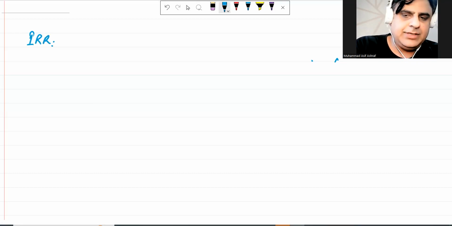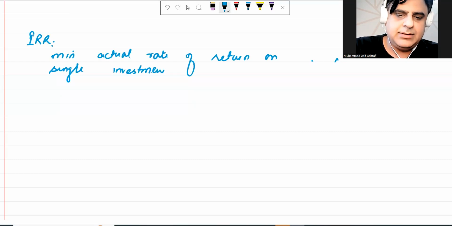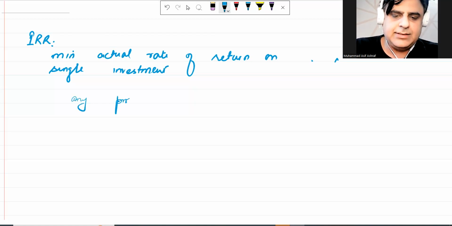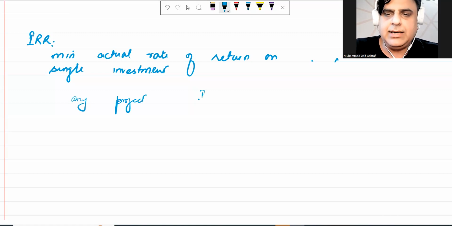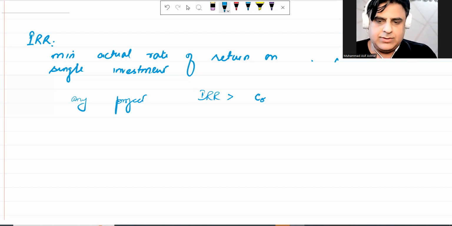IRR is a technique which gives you the minimum actual rate of return on a single project, or single investment. Any project which gives us an IRR greater than the cost of capital is acceptable for us.